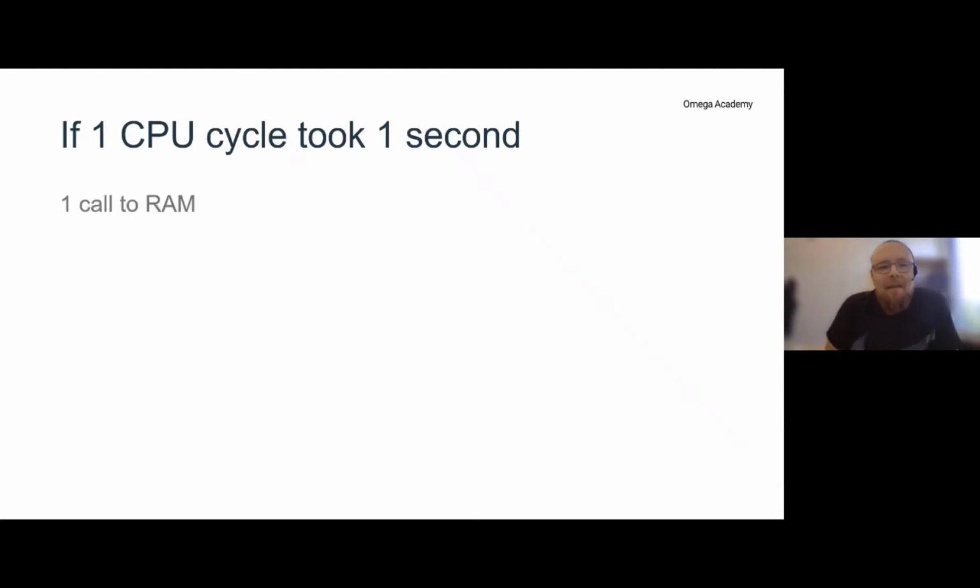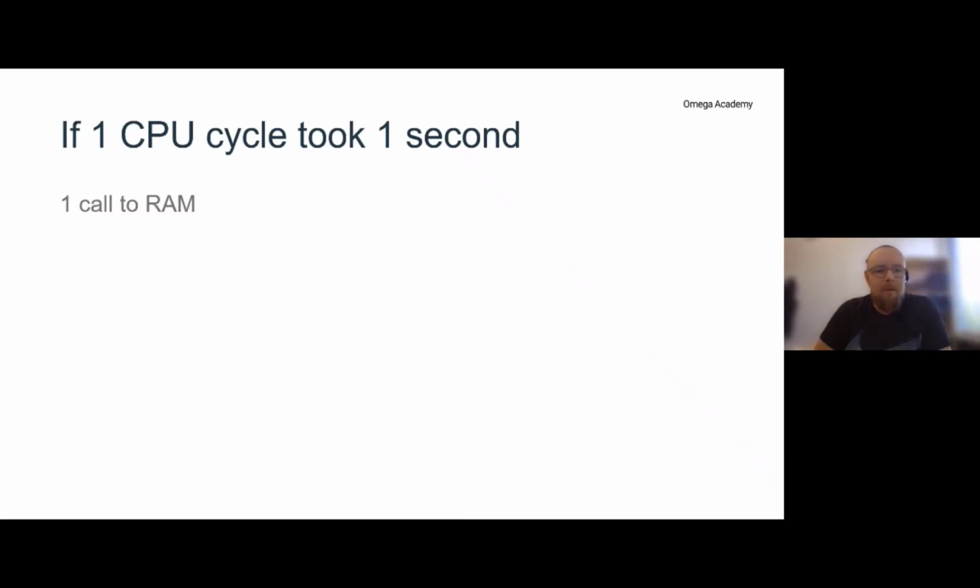So if we have one call to RAM, how long do you think that will take if one CPU cycle takes 1 second? One call to the CPU, and the CPU cycle took 1 second, so that one call takes 1 second.